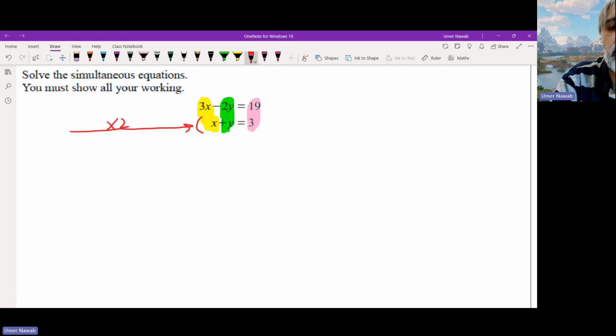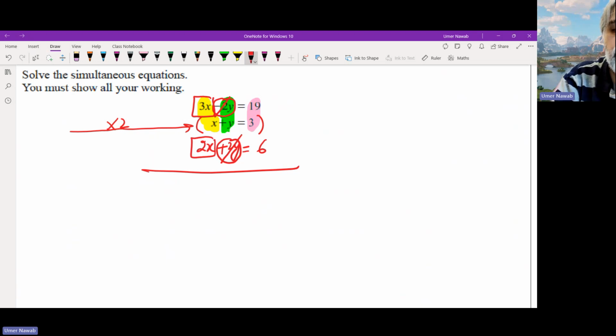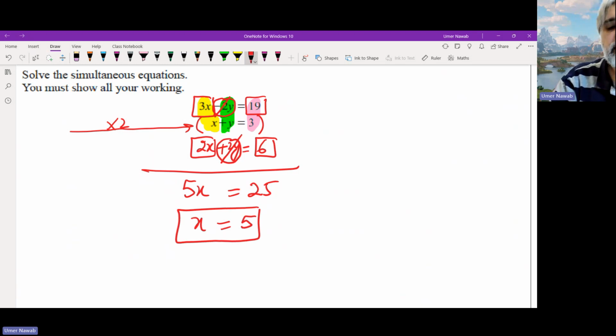When I multiply the second equation with 2, it turns into 2x plus 2y equals 6. Now you can see minus 2y plus 2y will be cancelled. So what happens? 3x plus 2x makes 5x. 19 plus 6 makes 25. And x is equal to 25 divided by 5. That will give you 5. So the value of x is 5.